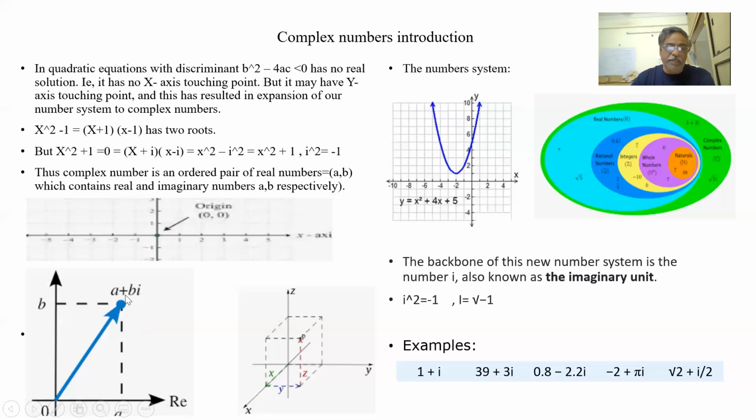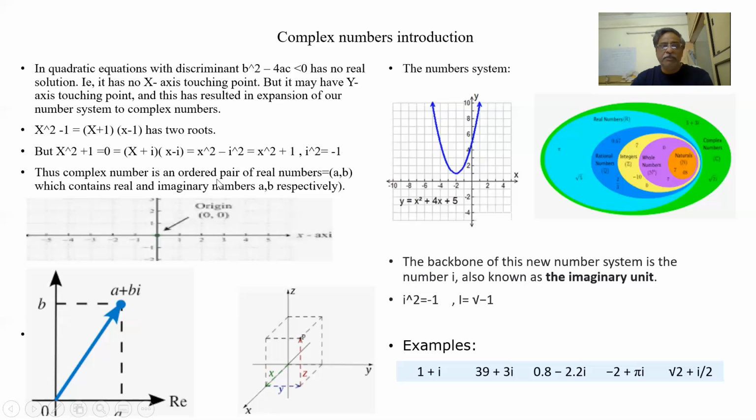So when I say a plus bi, a is on the x-axis and b is on the y-axis, and the location in Cartesian coordinates is a comma b. But in a complex number, we designate it as a plus bi. The need of i we will see further, but it can be represented as a comma b in a Cartesian coordinate. Why it comes, we will see further.